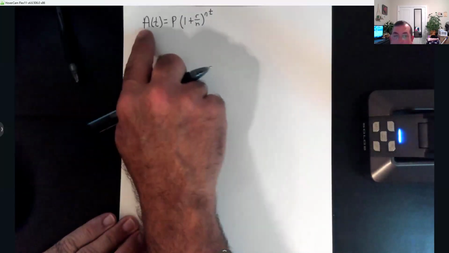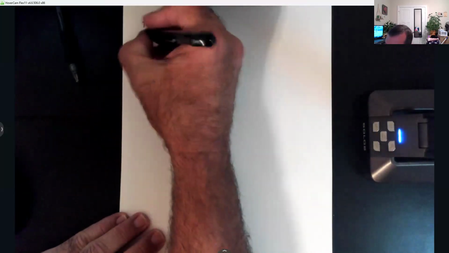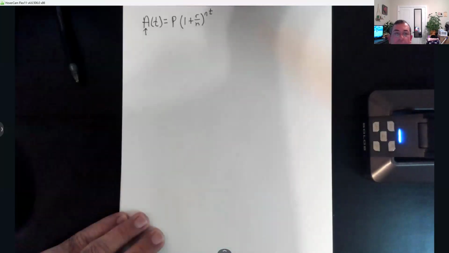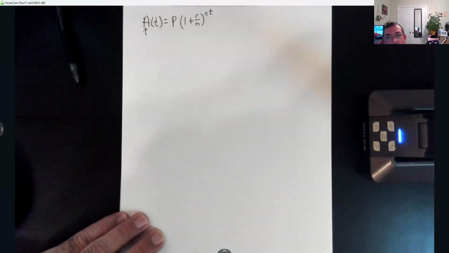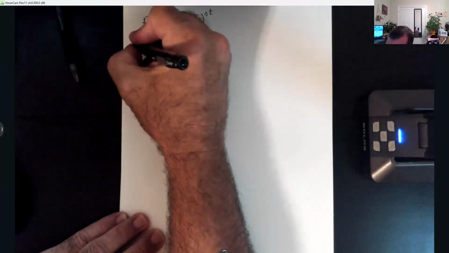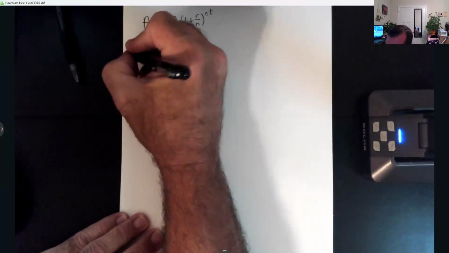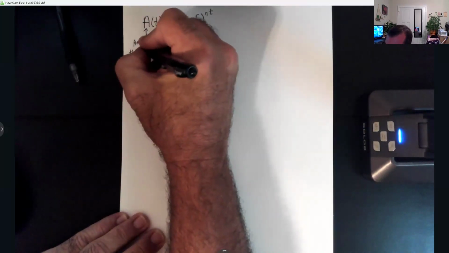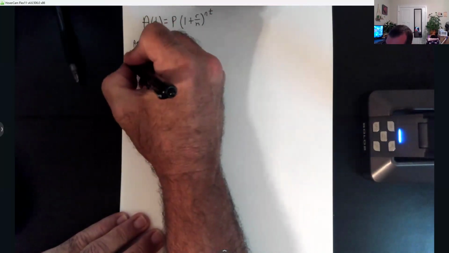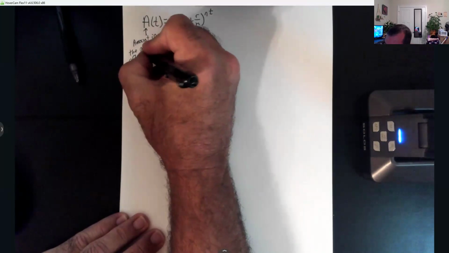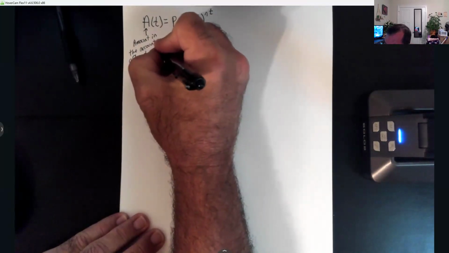So what this will find, A, is like doing an interest problem if you invest money at a bank and stuff. A is the amount in the account after T years.